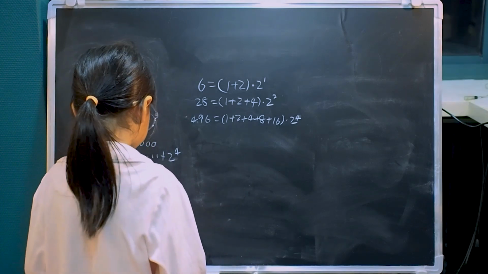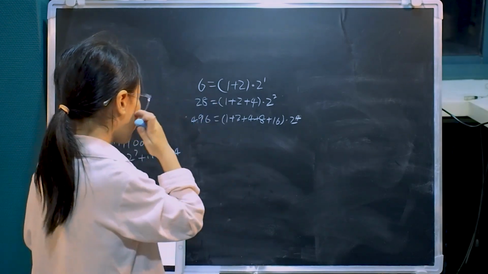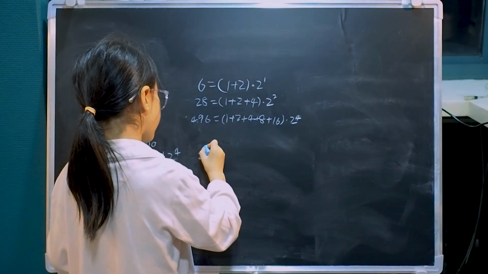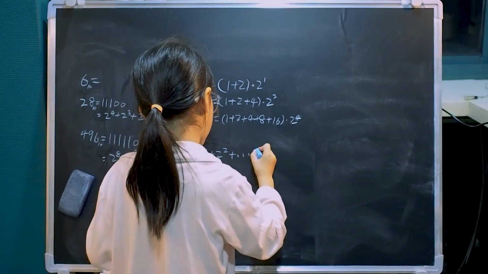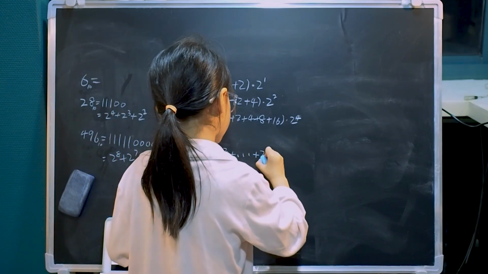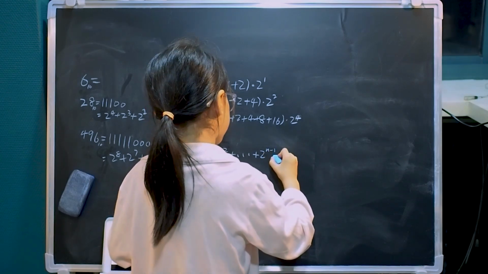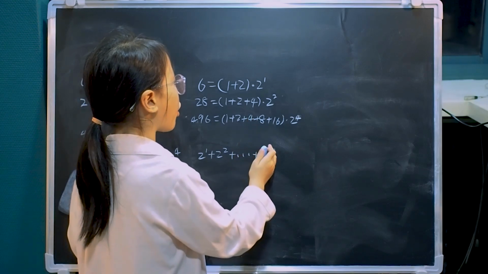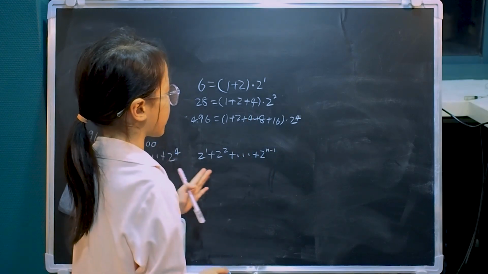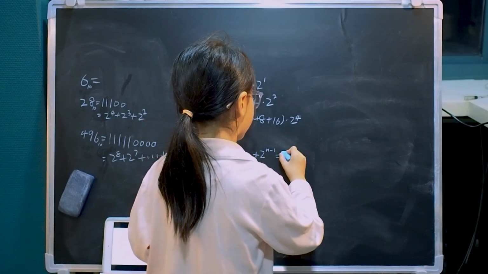Now let's see. In this part you can see 2 to the 1 plus 2 to the 2 plus and so on plus 2 to the n minus 1. Because you don't know what n is, you don't know what this whole thing is, so we can say it is equal to t.